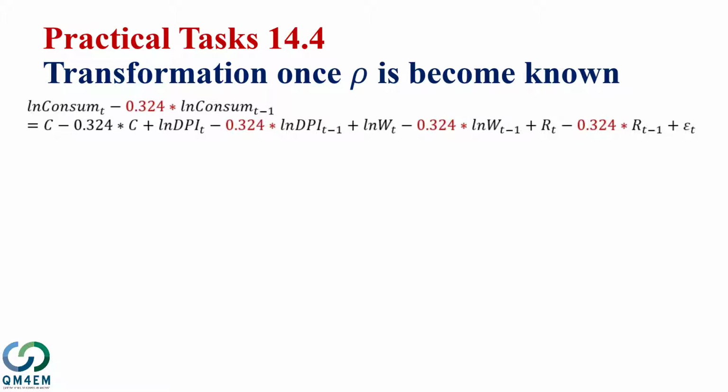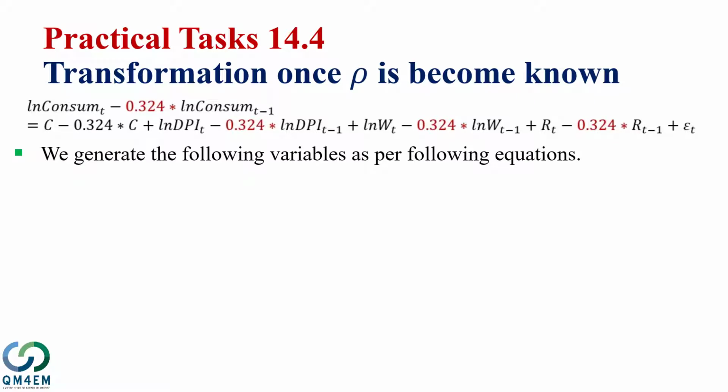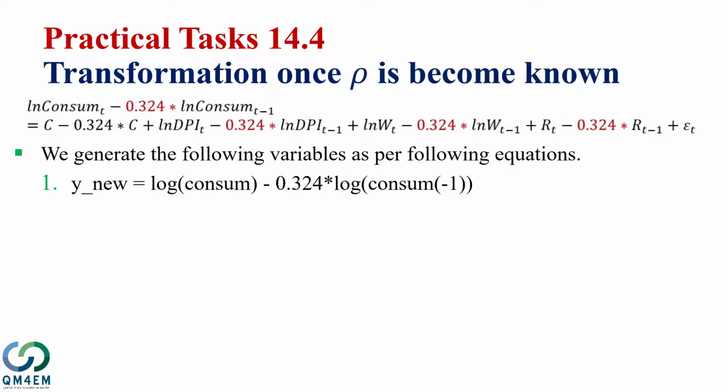So the following variables need to be created to run this model in EViews successfully. First we need to derive y_new, a new variable equal to the log of consumption minus 0.324 multiplied by log of consumption first lag.